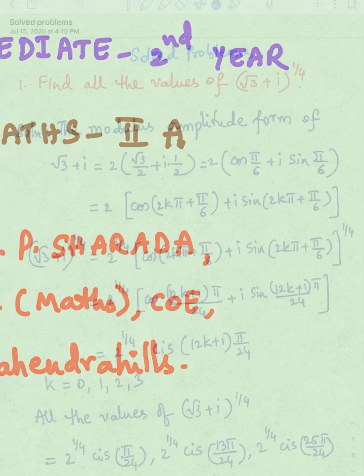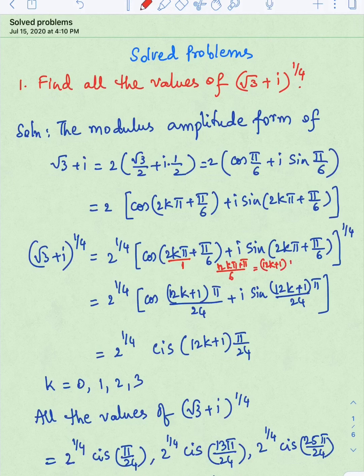So when you take LCM 6, you get 1, and 6 2s are 12, so you get 12k pi plus pi. What is common in it? Pi. 12k plus 1 into pi by 6.